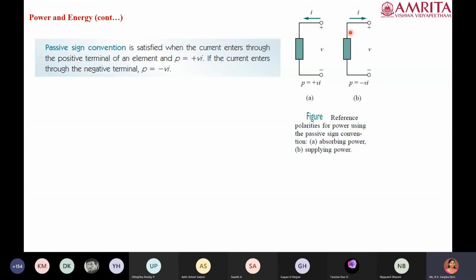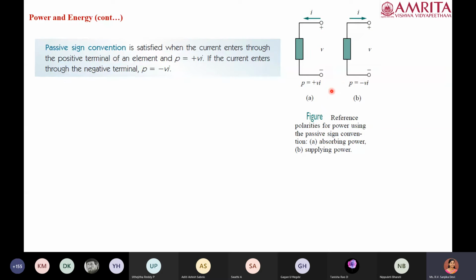So if current comes out of the positive terminal, it is delivering power or supplying the power, and if current enters into the positive terminal, it is absorbing the power. And power, we know, is a product of voltage and current, and depending on whether it is supplying or absorbing the power, it has a value of minus or plus.